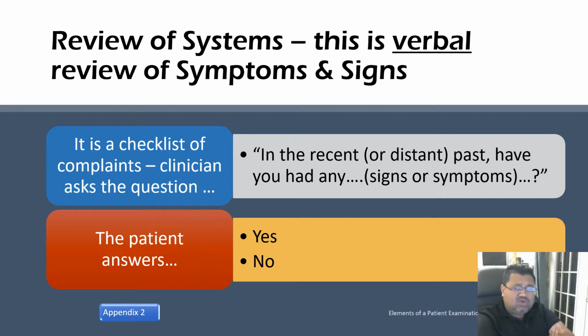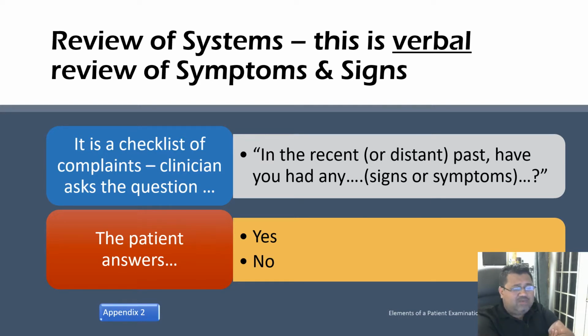You ask a question and the patient says yes or no. So, you could frame your questions like, in the recent or distant past, have you had any symptoms of, and then you go system-wise. So this is basically a systematic examination. For every system, you ask a question that is appropriate for the system.